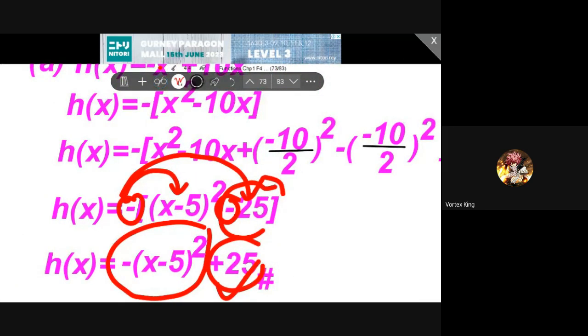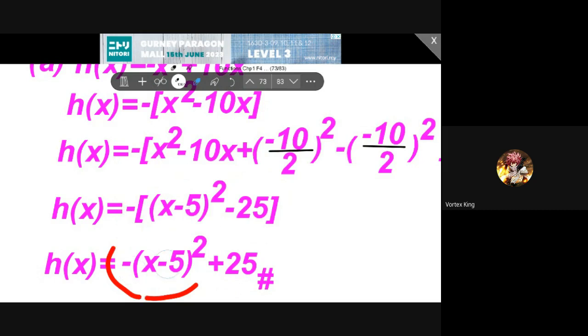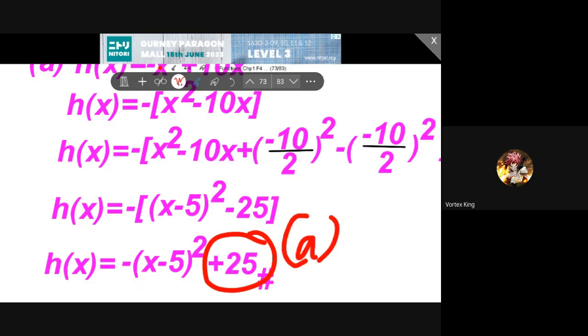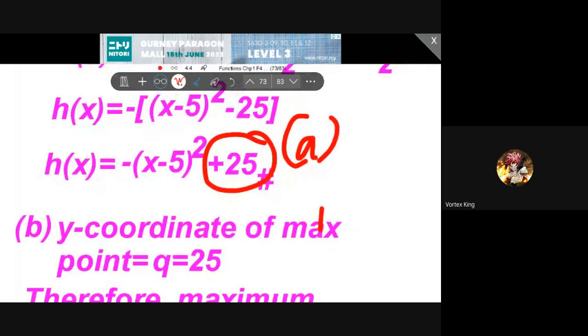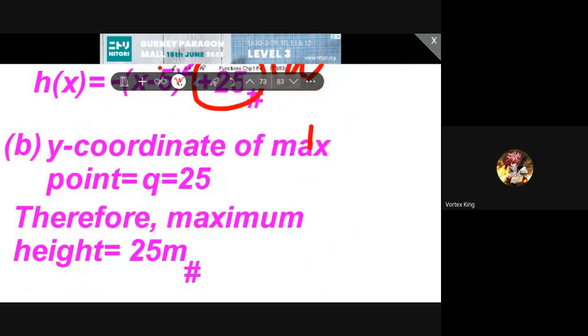Now they ask state the maximum height. Ketinggian maksimum. Andy make correction, okay. So kamu boleh ambil jawapan terus dari A. You can take the answer directly from A. This is your answer. 25 meters. So kamu boleh tulis macam ni. Y coordinate bagi titik maximum equals Q equals 25.